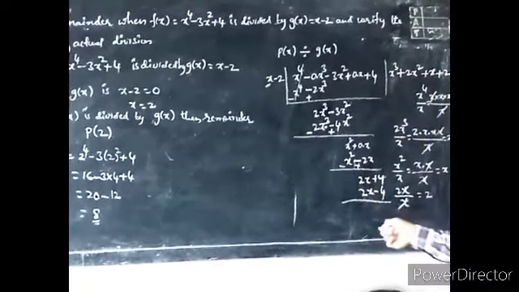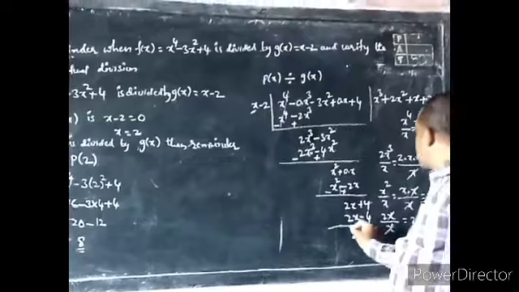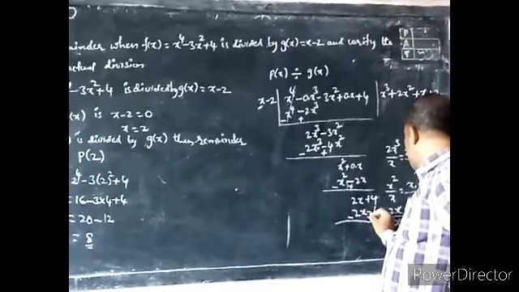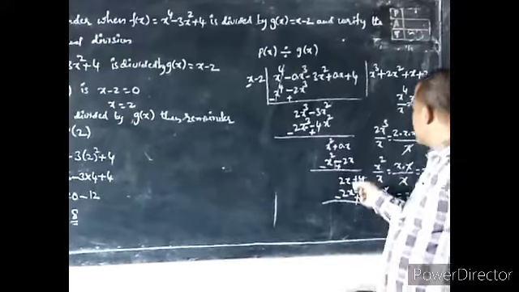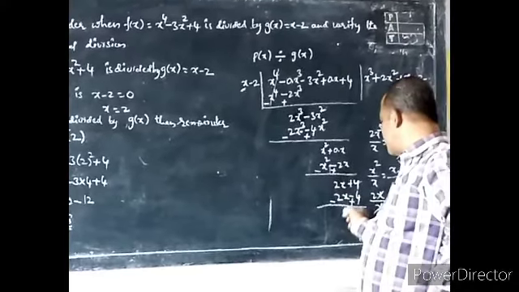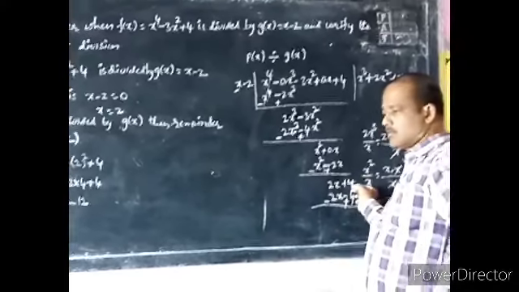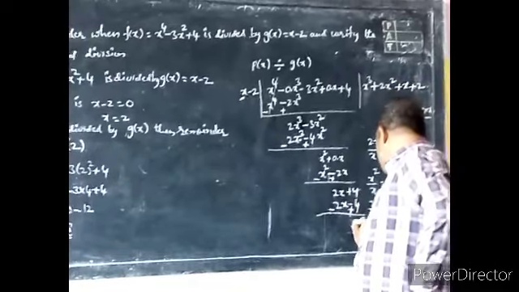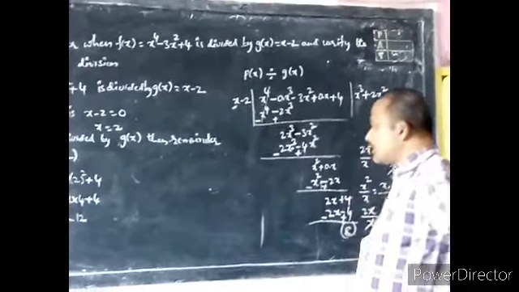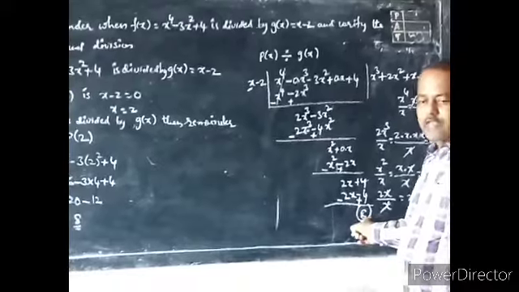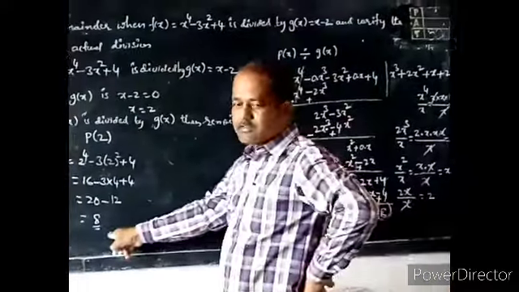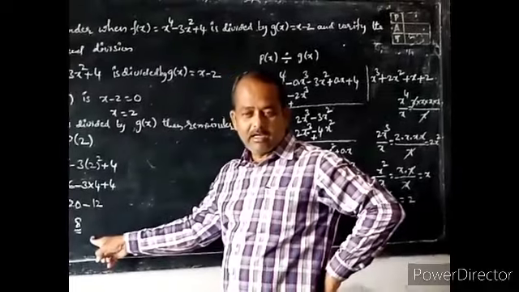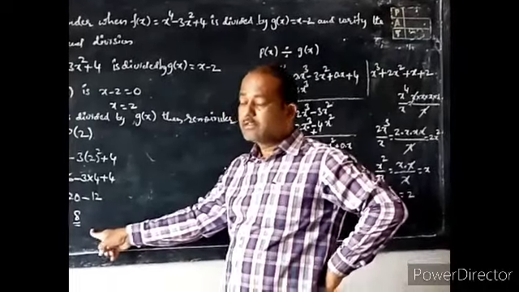Plus into minus, that's why minus 4. In subtraction the symbols will be changed. Okay, opposite symbols we are getting. 2x minus 2x is 0, plus 4 plus 4 is 8. What is the remainder? 8. In actual division also we are getting 8. As per the remainder theorem also we are getting 8. Isn't it? Understood?